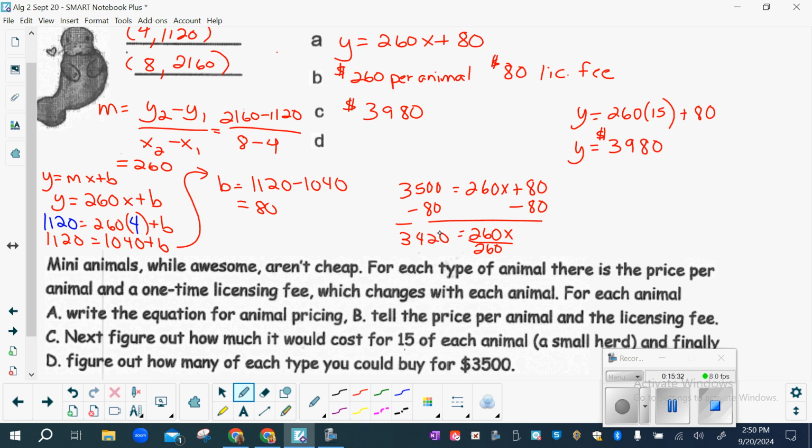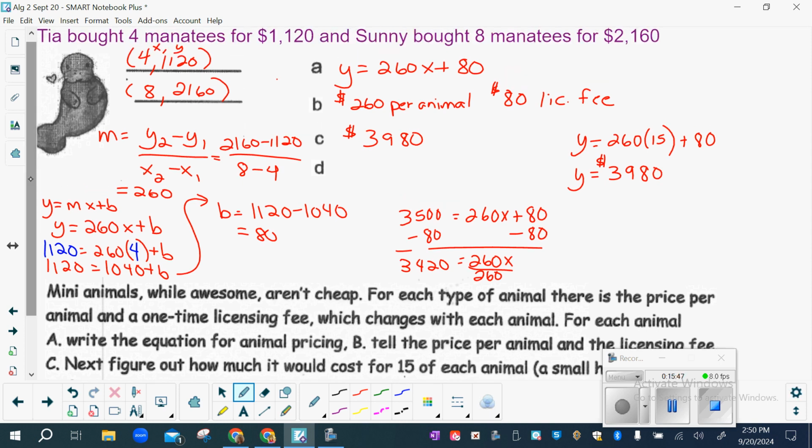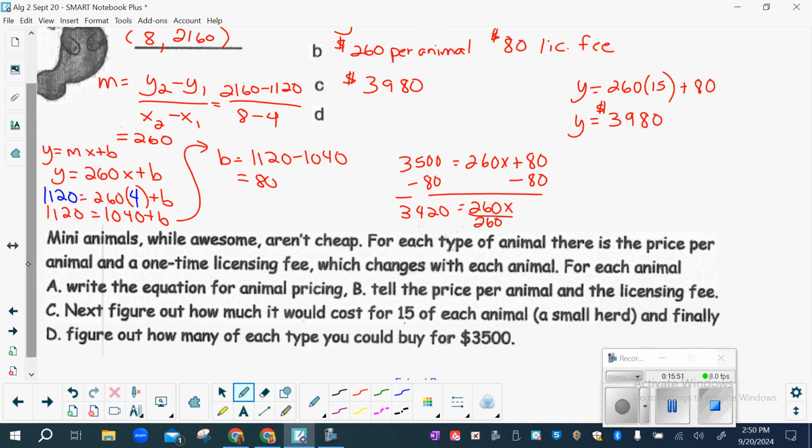Somebody asked a question on that, what I did? Rusty, did you have a question? Oh, I was just wondering where you would get the score from the... So I went from this point here, if you could choose either point, it doesn't matter which point. And so 3420 divided by 260 is 13.15.